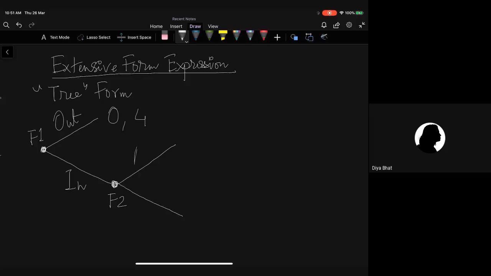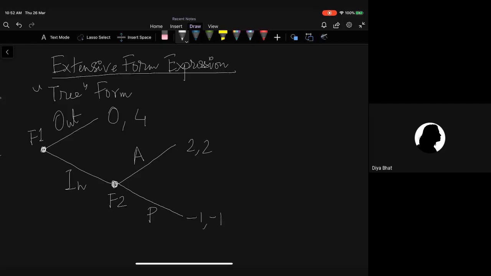So I'll write A for accommodate, and P for price war. And then again the game ends. In case the firm accommodates after firm 1 stays in, then the payoff is 2 comma 2. In this case, it's -1 comma -1.